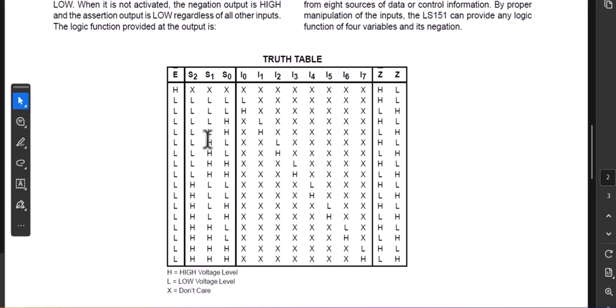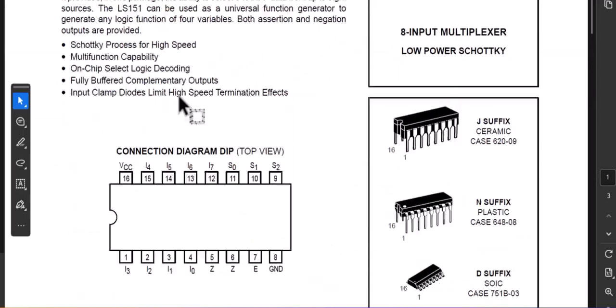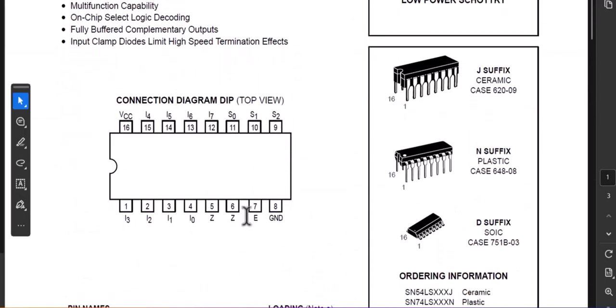It has an enable low, and its output is high. So first of all, the enable needs to be low, so that's important. So pin 7 on your chip will have to be connected to ground as well as pin 8. Because if you don't do that, it is not going to work.